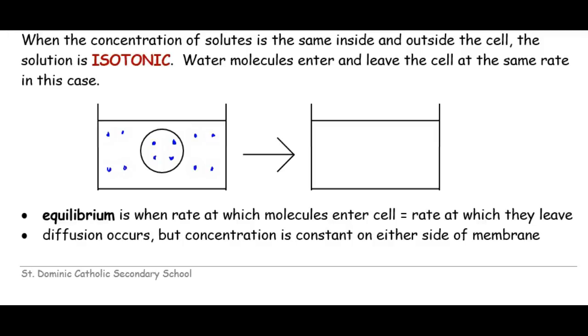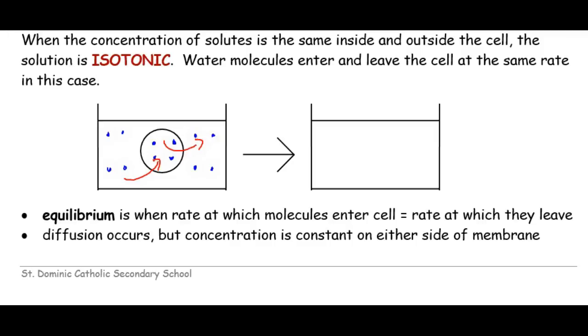It's not as though there's no movement of water in this case, and this is really important to understand. It's simply that we've reached an equilibrium of sorts, so that for every water molecule that we see moving into the cell, we will also see another water molecule trying to balance that situation by moving outside of the cell. That's the ideal situation for animal cells.